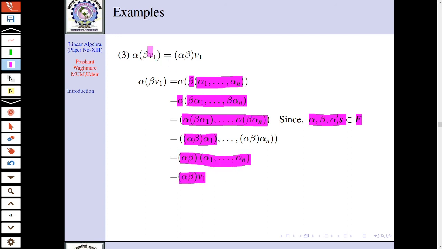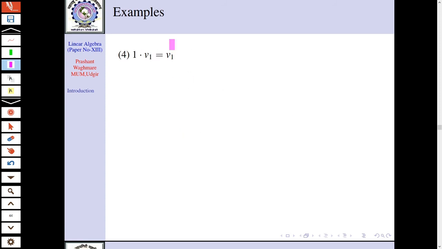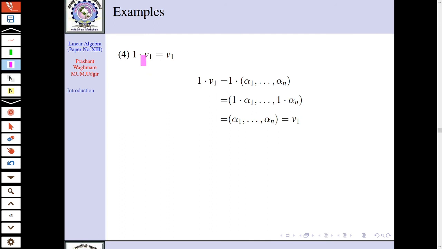Okay, so thus we have proved the third, and the fourth one is an easy one, as 1 into v1 is v1. How to prove this? 1 into v1, where v1 is alpha 1, alpha 2, ... alpha n. Now 1 into means you are going to multiply this 1 with each coordinate.